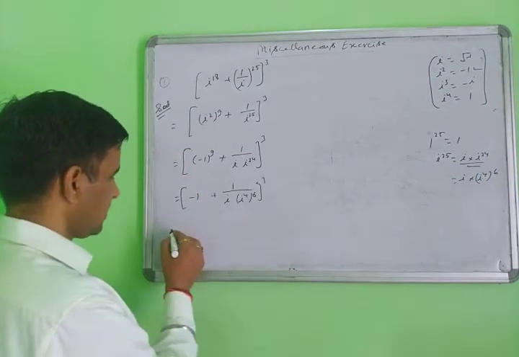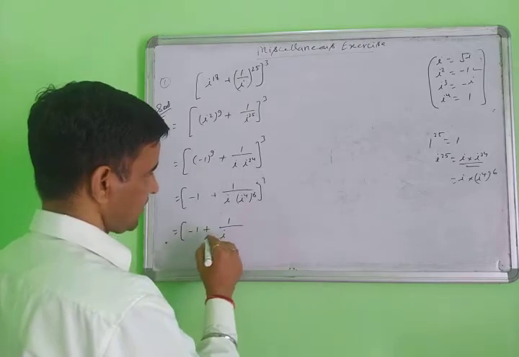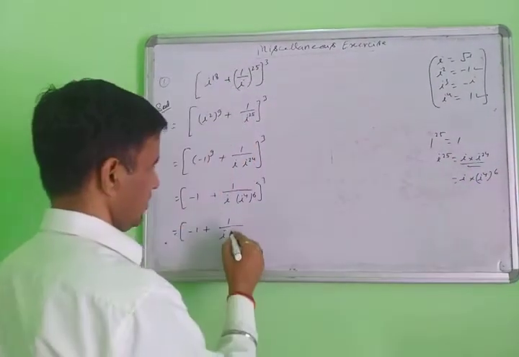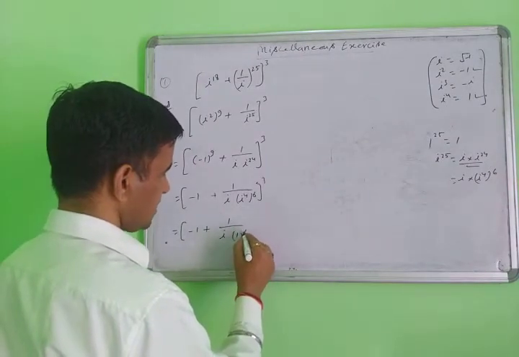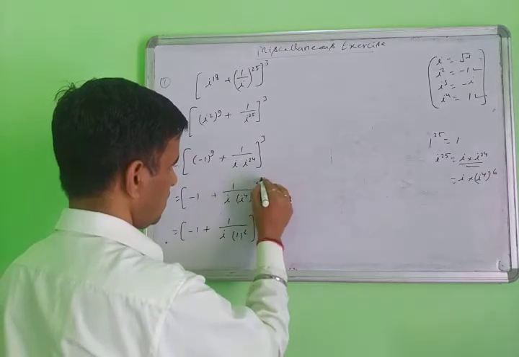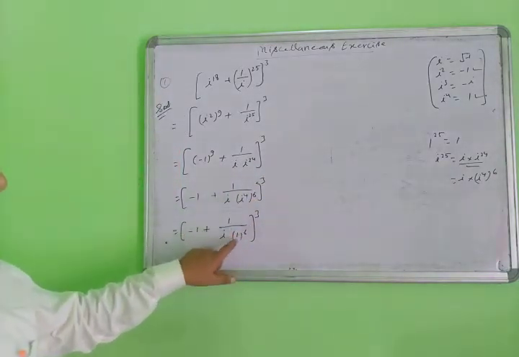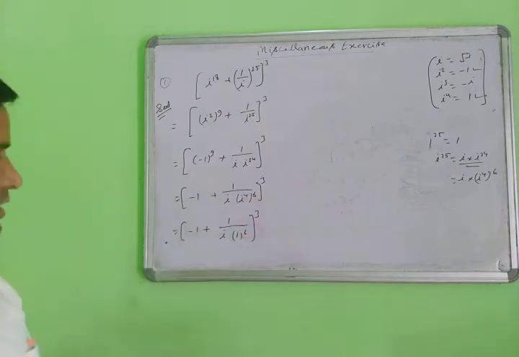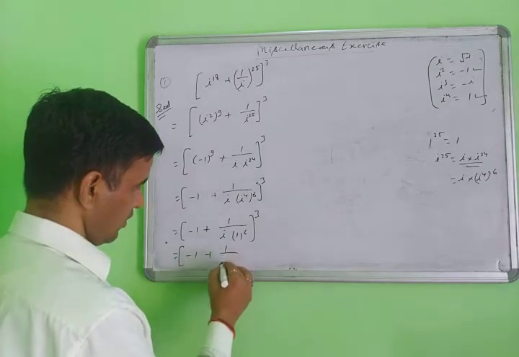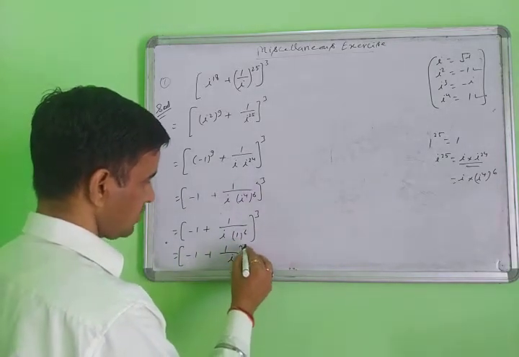So you can write minus 1 plus 1 upon iota into 1, and the whole power here is 3.